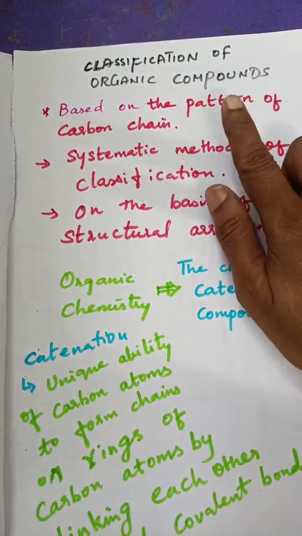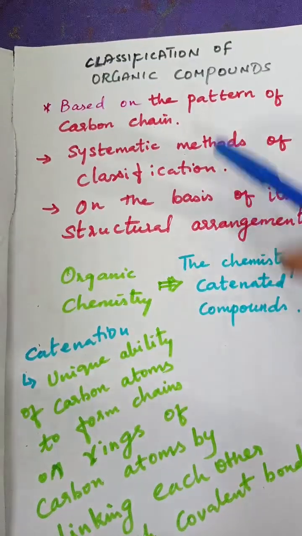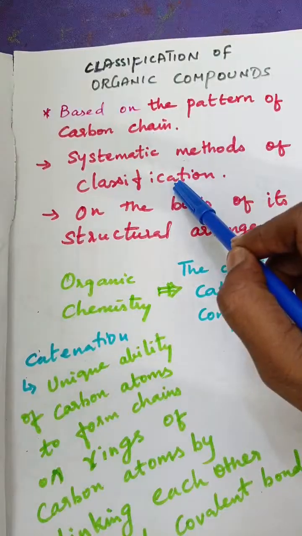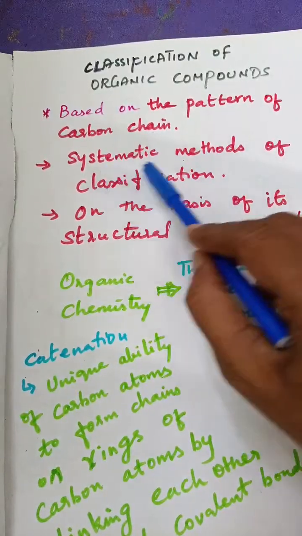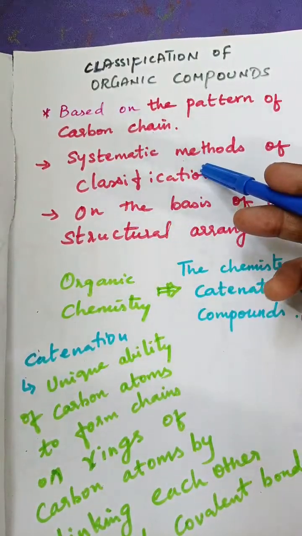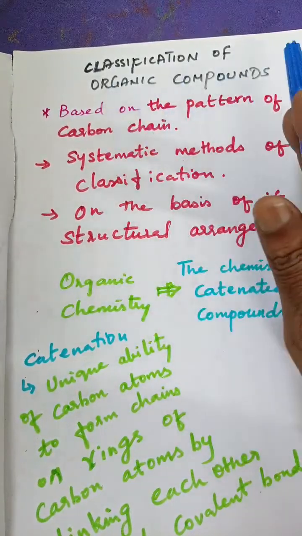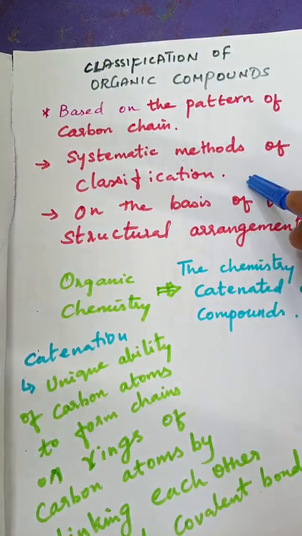Based on the pattern of the carbon chain, systematic methods of classification are implemented, because we cannot classify organic compounds just like that. There should be some orderly way to classify them.